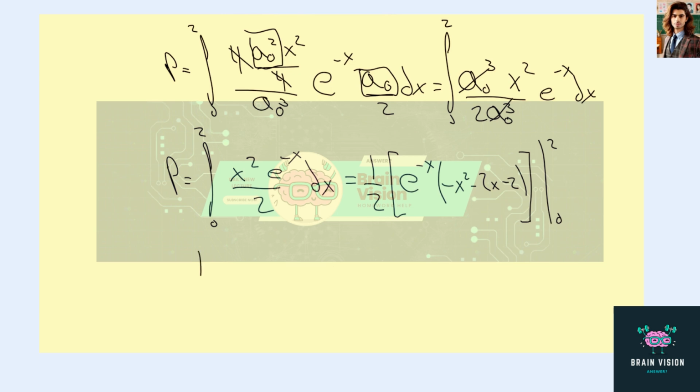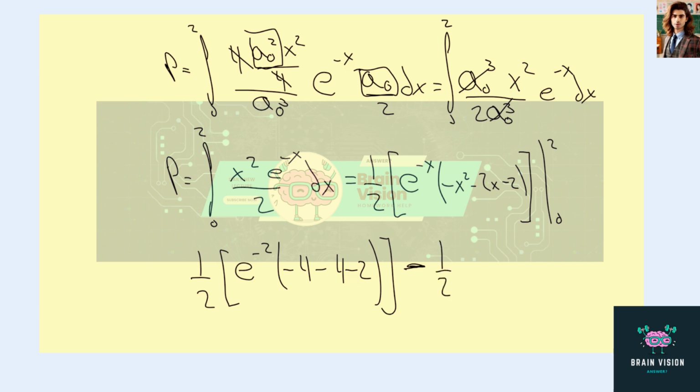This is equal to 1/2 of e to the minus 2 times minus x squared, so minus 4, minus 2 times 2, which is 4, minus 2, minus the value at 0. So e to the minus 0 is equal to 1, times 0 minus 0 minus 2.